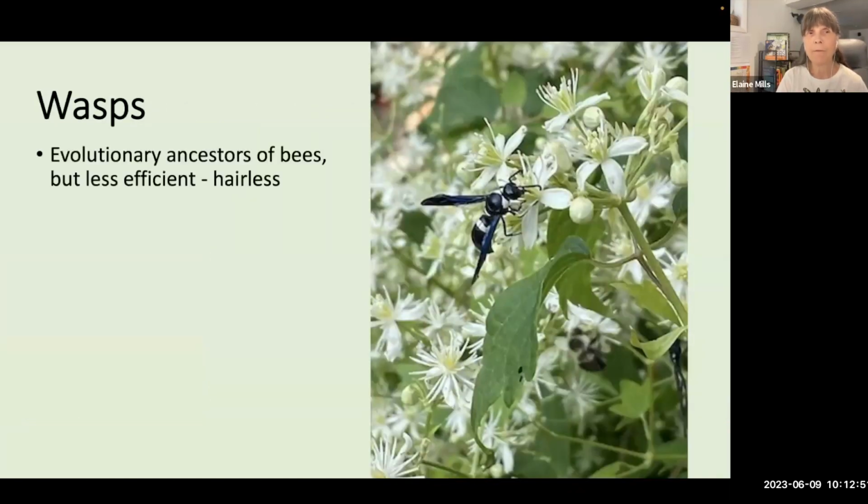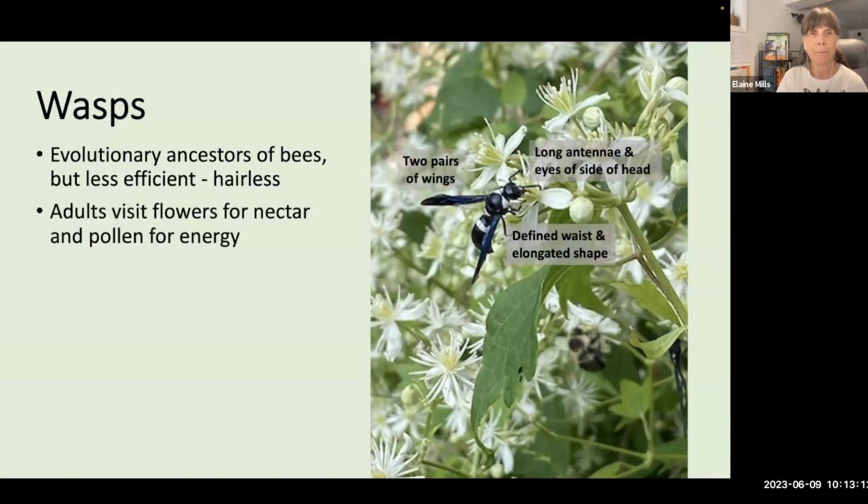Wasps are the evolutionary ancestors of bees, but they're less efficient because they're hairless. They have many characteristics in common, of course: long antennae and eyes on the sides of their heads, 2 pairs of wings, but their waists are much more finely defined, and they have an elongated shape.